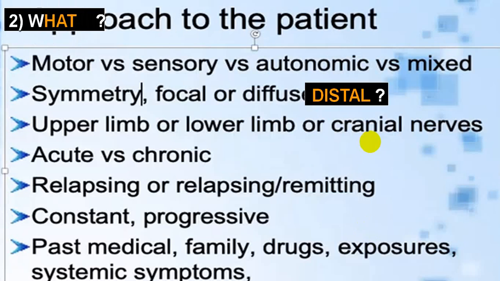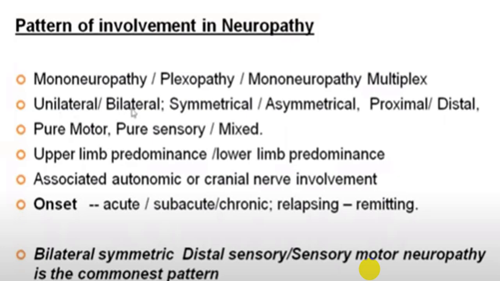I've put this. Always try to find out whether it is motor, sensory or mixed, whether it is symmetrical or asymmetrical, whether it is upper limb or lower limb or cranial nerves involvement, acute, chronic, subacute, relapsing, remitting, etc. Is it static or progressive, with past medical history, family history, drug history, exposure, etc. I'm going a little faster.